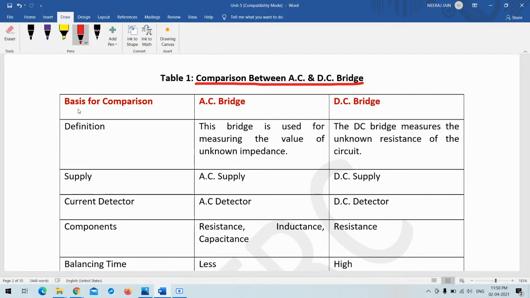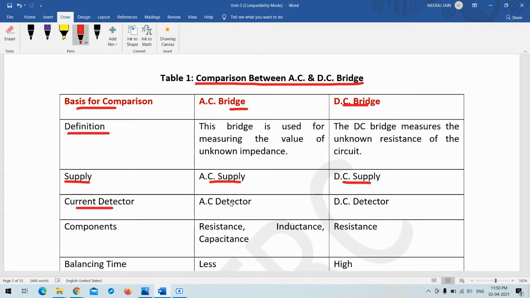Basis for comparison: AC bridges and DC bridges. Definition: the AC bridge is used for measuring the value of unknown impedance, while the DC bridge measures the unknown resistance of the circuit. Supply: AC bridges use the AC supply, while DC bridges use the DC supply.